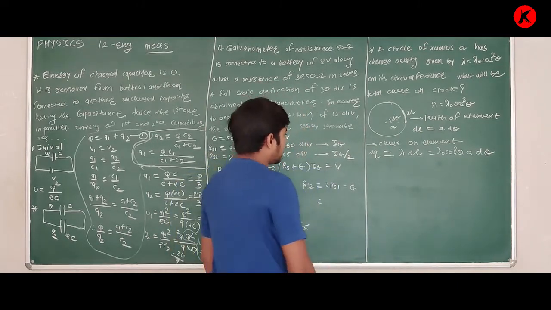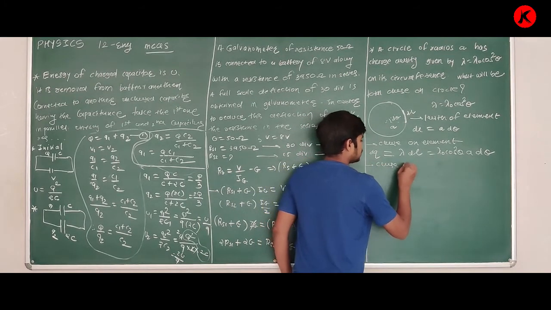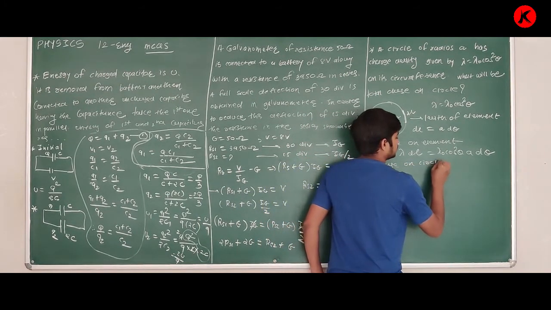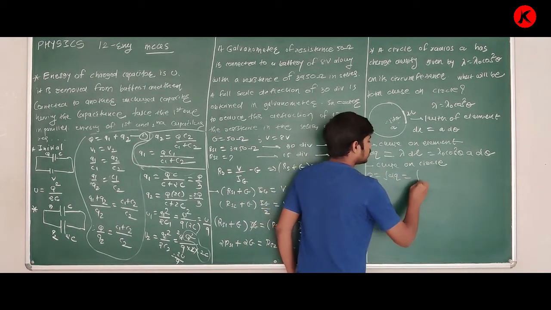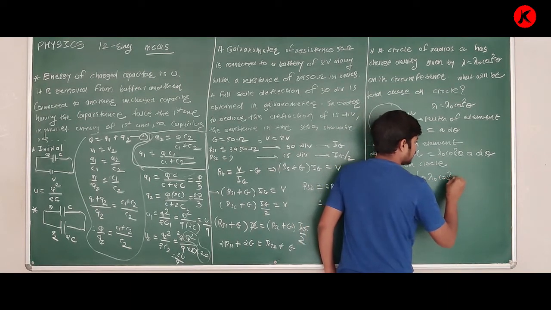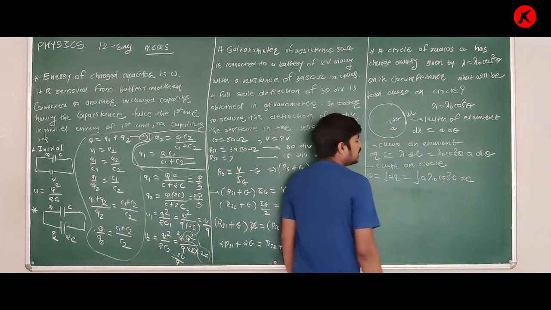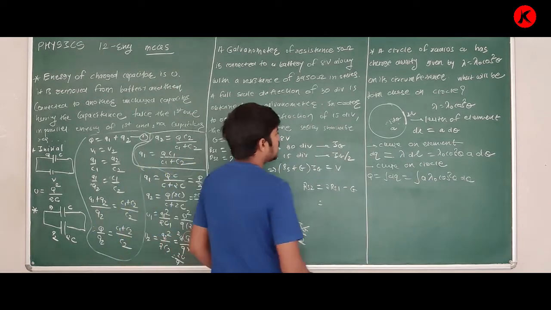Now it is the charge on the element only. If we want to find the charge on the whole circle, then total charge on the circle q is equal to integration dq, so it is integration a lambda 0 cos square theta d theta. What is the limit of this integration?